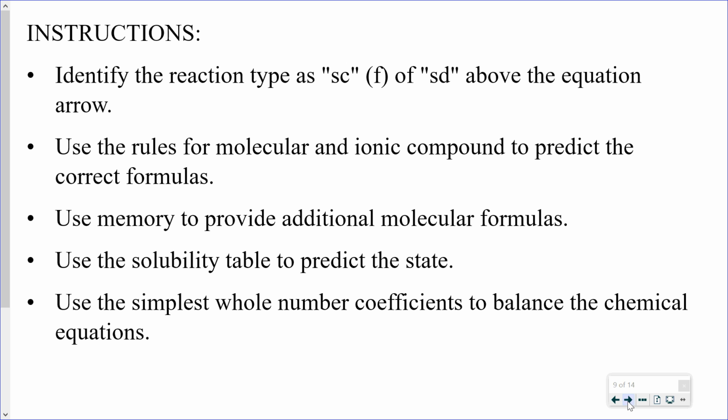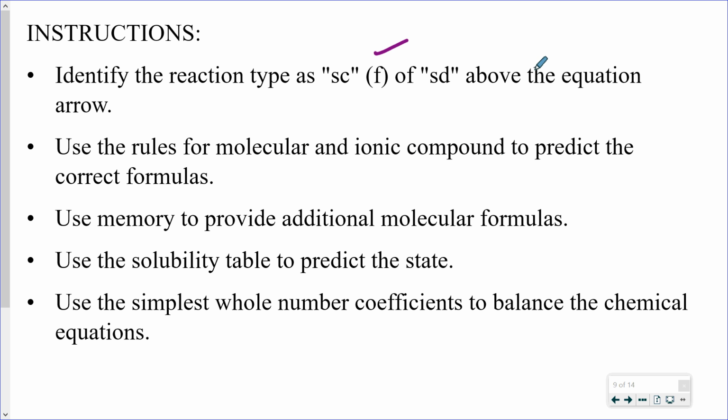So now we're going to go on to the single replacement and double replacement reactions. For these ones here, you're going to do exactly the same as what we just did, identifying the reaction type, just like we did for the simple composition and decomposition, using the rules for ionic and molecular predicting the compounds.